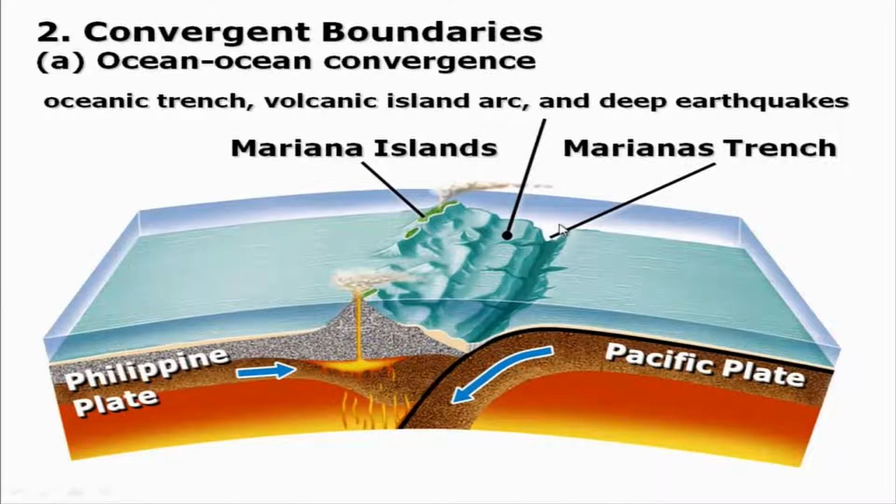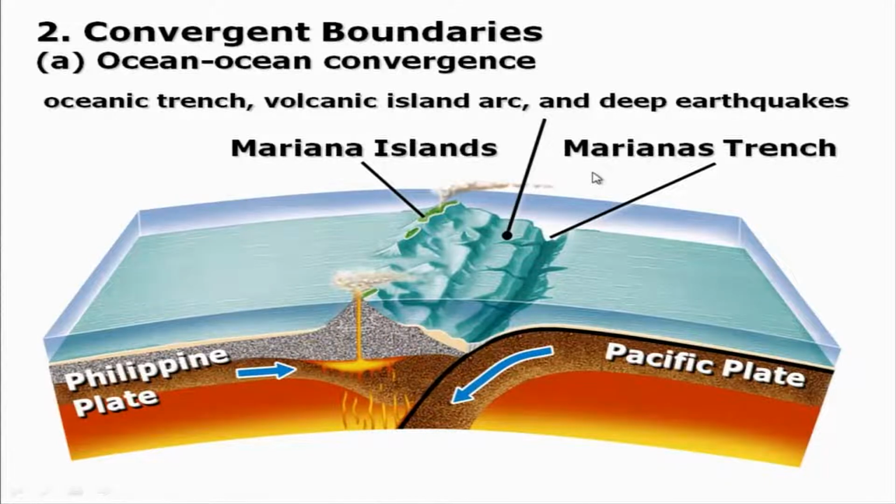We have deep trenches, and the earthquakes triggered here will be deep as well as shallow, and then we will have a volcanic arc on the overriding plate, with the trench at the contact between the two plates.